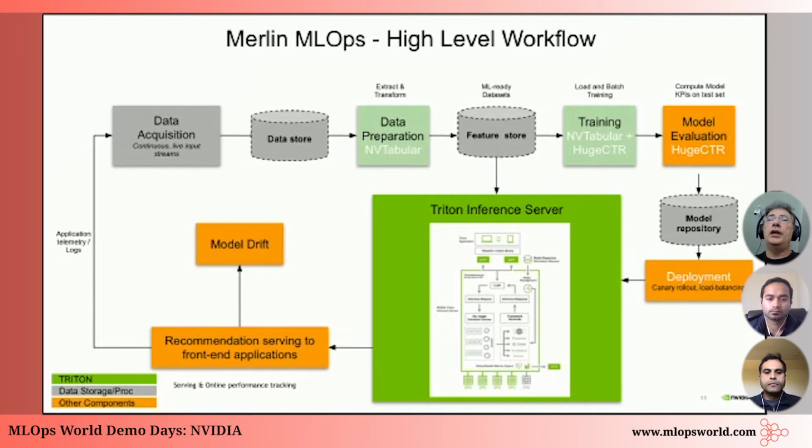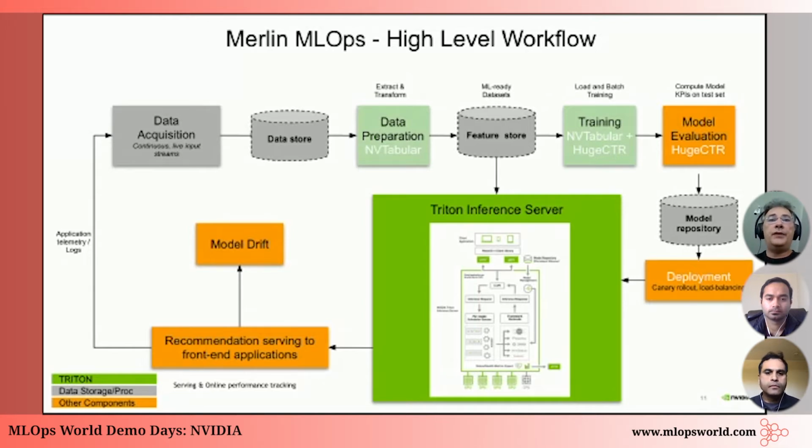Once the model is trained, it is evaluated in a different component. Once the model passes the evaluation, it is sent to the model repository. The model repository is connected to a deployment component that is responsible for deploying the model to Triton.